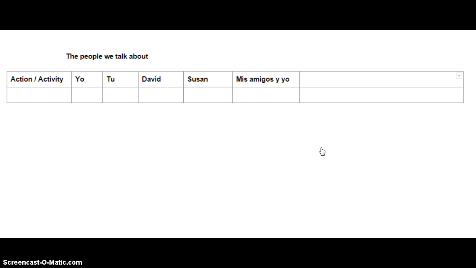So then it allows me to put in mis amigos, so that we can separate ourselves from a group, and there you get the main different groups of people that we talk about in our lives. Okay, so now we've got the basis of our co-construct.